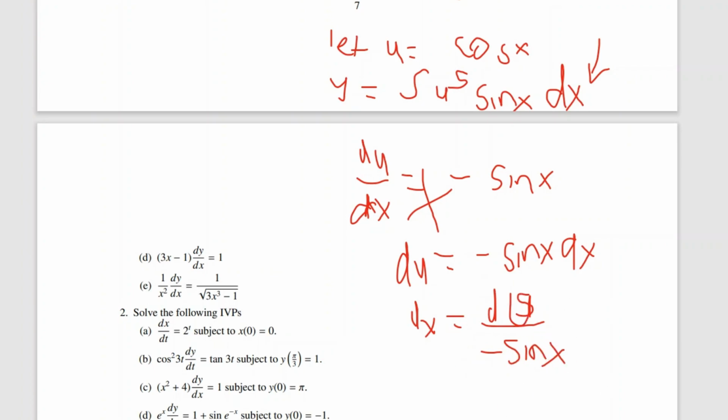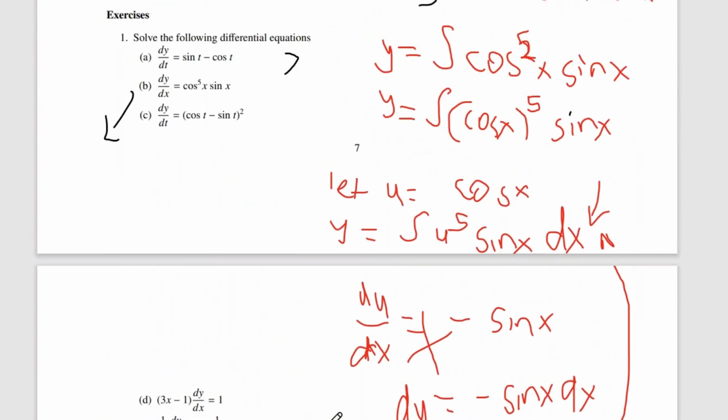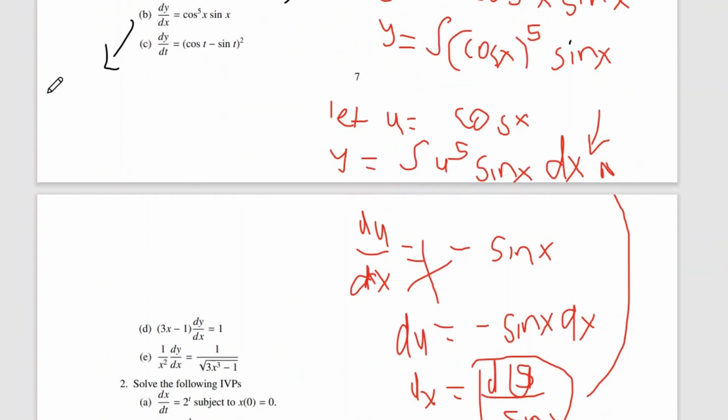So now we have to take this back and put it here. So it will be y is equal to the integral of u to the power 5 then du over negative sin x.